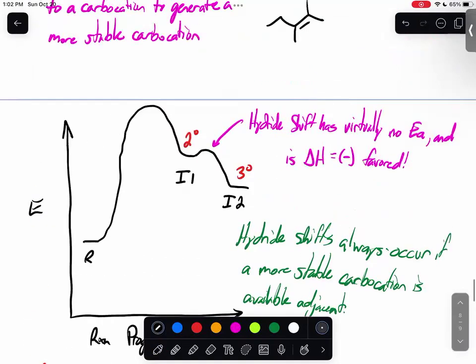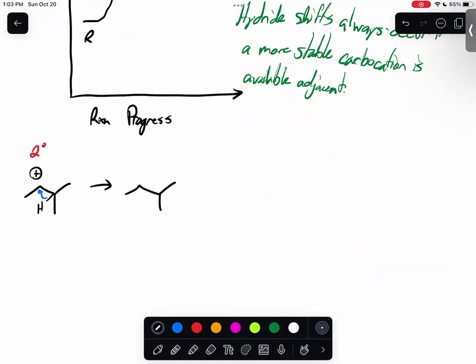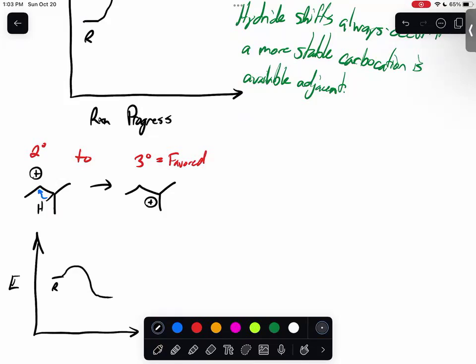So we'll take a look at that in a bit more detail momentarily. But essentially, we now have that tertiary carbocation. So we're going secondary to tertiary. This would be favored, right? Because we're looking at an energy diagram where we start where the reactants are higher energy because that carbocation is less stable, and the products are lower energy because that tertiary carbocation is more stable.